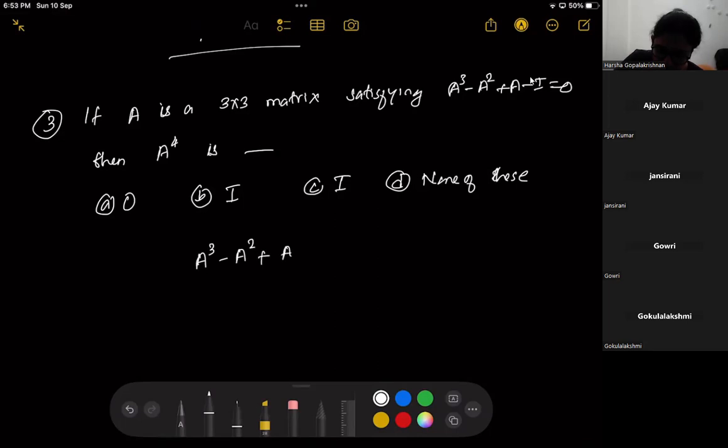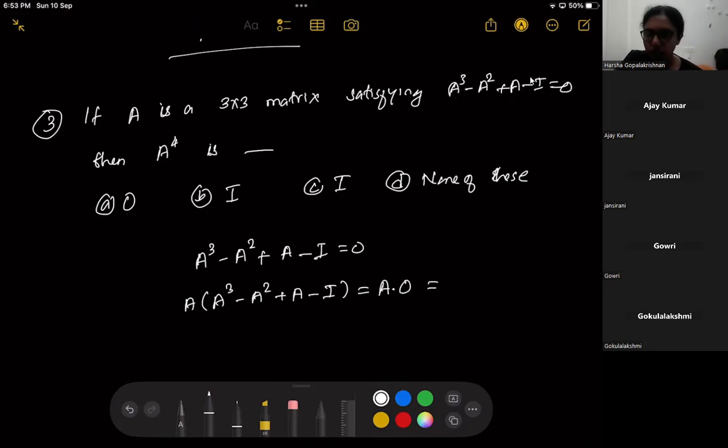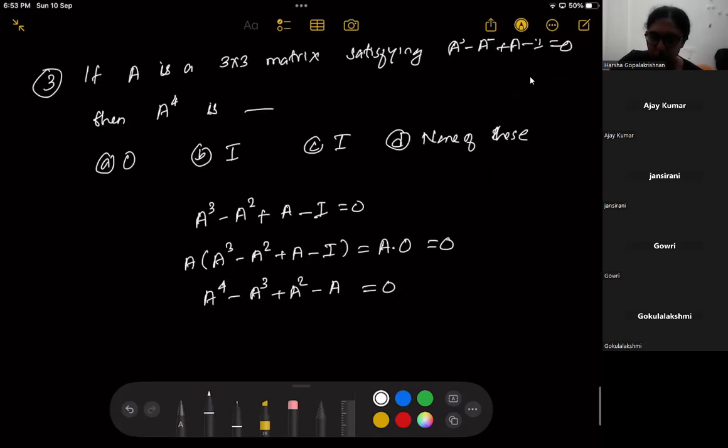Multiplying with A means A into A cube minus A square plus A minus I equals A into 0, which is 0. Any matrix multiplying with 0 is 0. So on this side, we will get A power 4 minus A cube plus A square minus A, which is equal to 0.